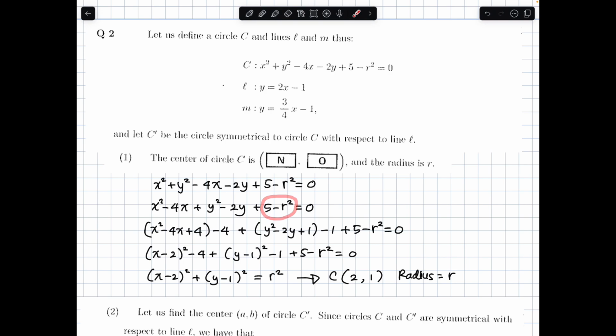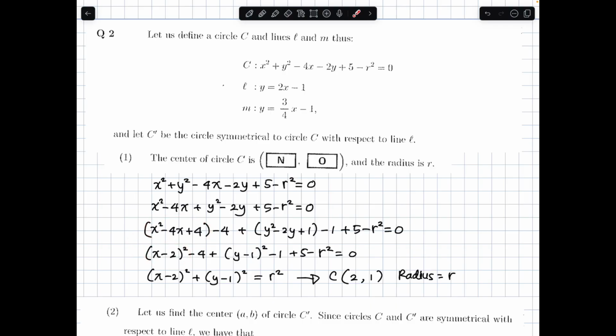Because I will use completing the square, I put plus 4 here and negative 4 here. So actually I add nothing, because it cancels. But I put 4 here to create the completing square.